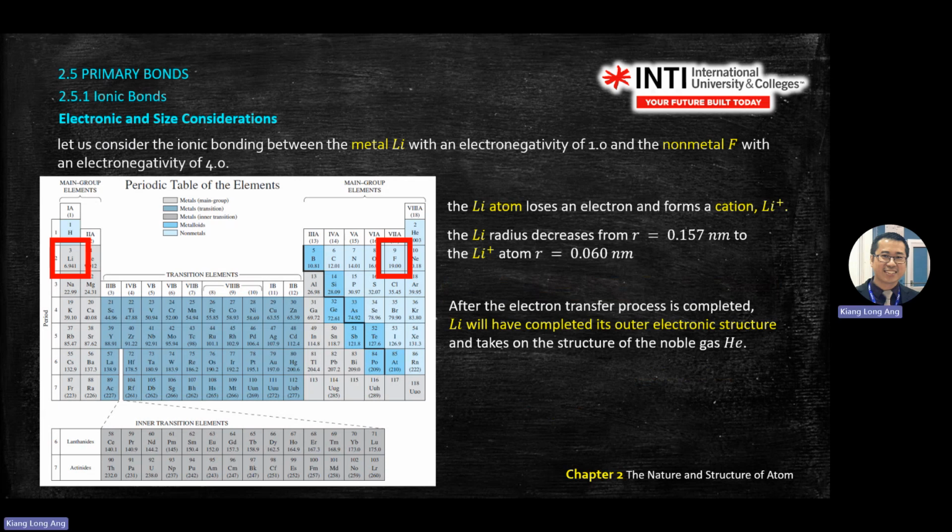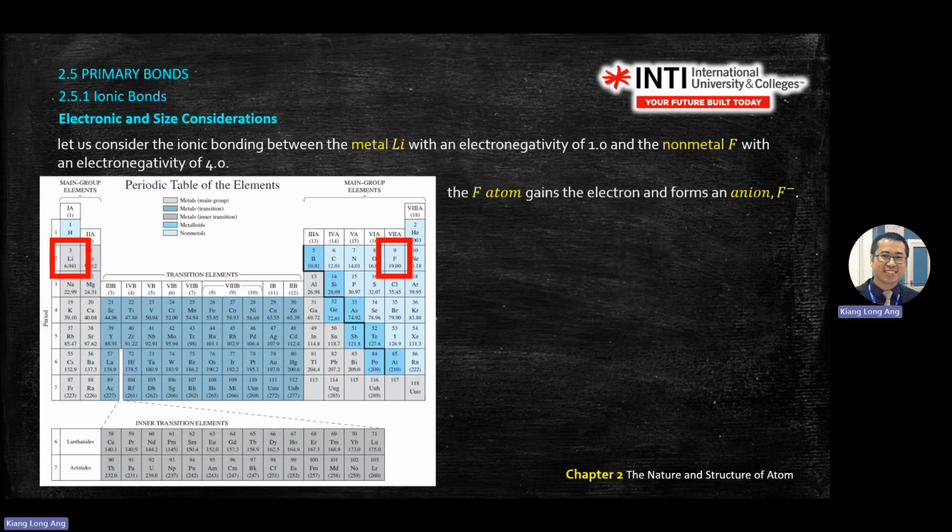The rest you read. So when the process is completed, it takes the structure of the noble gas He. Why? Because if it's here, you have 3 electrons in the orbit. It contributes 1, so you only have 2. So it reduces from here to here, taking the form of noble gas He, but with a positive charge.